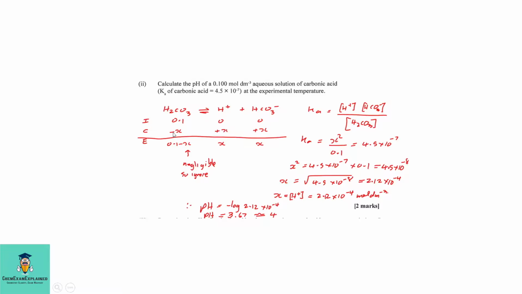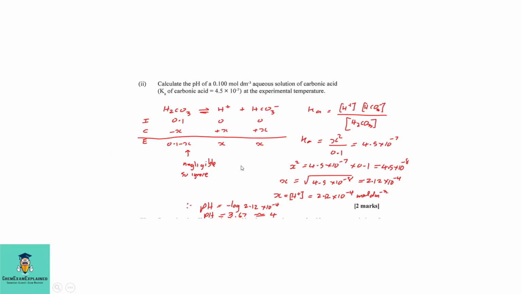So we have for the change for carbonic acid minus X, the change for the proton will be plus X, and the change for the hydrogen carbonate ion will also be plus X. At equilibrium, we'll have now 0.1 minus X for the reactant, and for the products, we'll have X for H+ and X for HCO3-.